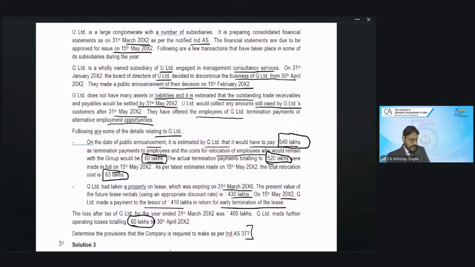See, sometimes what happens in the examination, there are hidden Ind AS usages which we don't find at the first reading. So if we do very good practice of examination questions from past examinations, say the last 5 years or 10 years, then we get the flavor of how questions are clubbed from multiple Ind AS into one question, right?